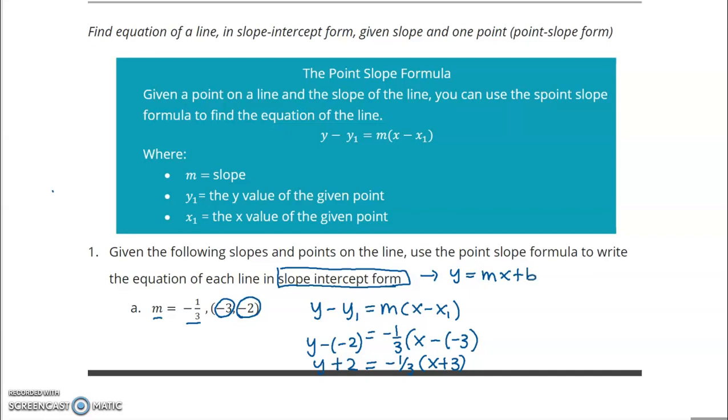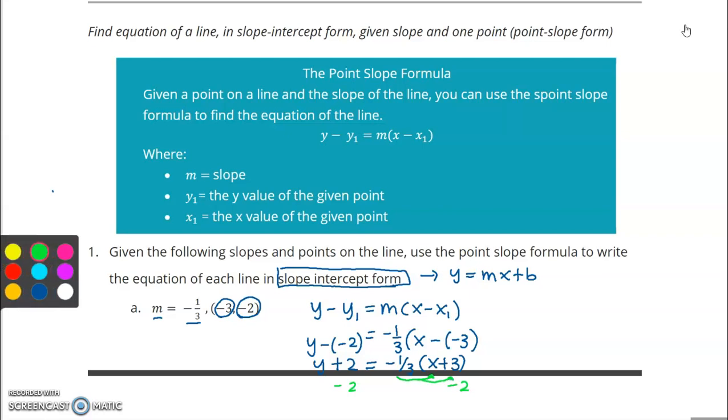So we want to be able to transpose this term here on the other side of the equation. So to do that, we will just subtract both sides here by 2, and then also distribute this number here to each term inside the parentheses.